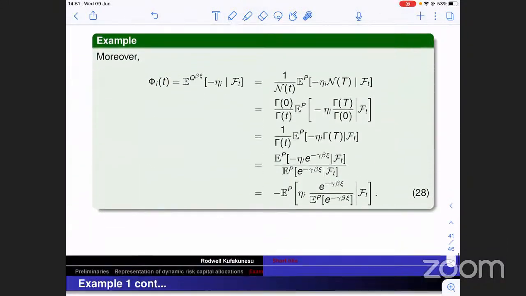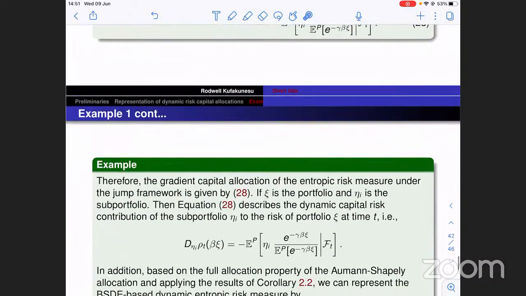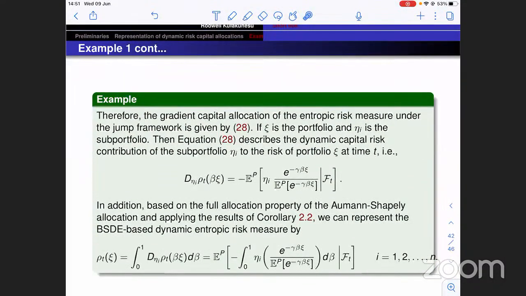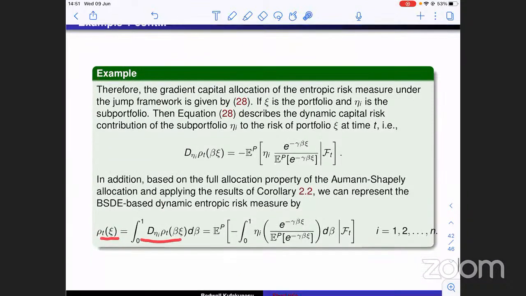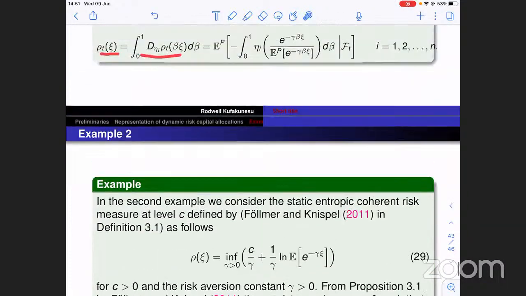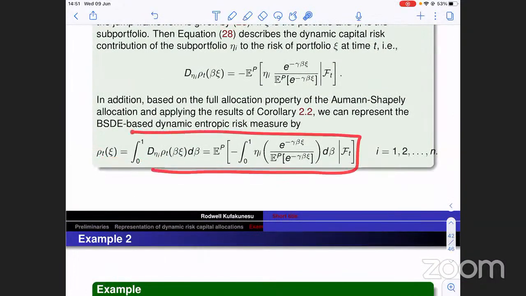At the end, we do the comparison and we apply the gradient allocation of the entropic risk under the jump diffusion by equation 28, which is above. If epsilon is the portfolio and Ni a sub-portfolio, then equation 28 describes the dynamic capital risk contribution of the sub-portfolio, which will be given like this. And so the representation of this dynamic entropic risk will be of this form.